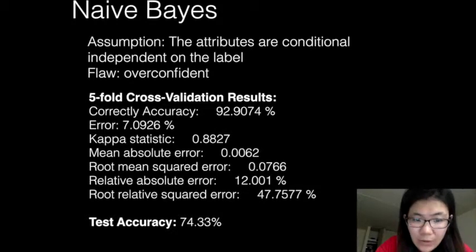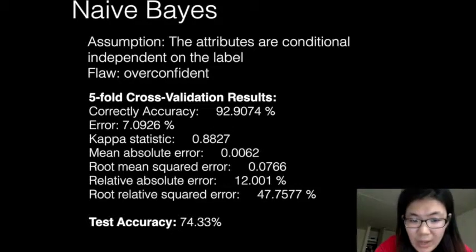Here in the presentation, you can see the results of the naive Bayes. The correct accuracy is 92.9074%, and the error is around 7%. The kappa statistic, a very important value for evaluating statistical models, is 0.99, and the mean absolute error is 0.0062.